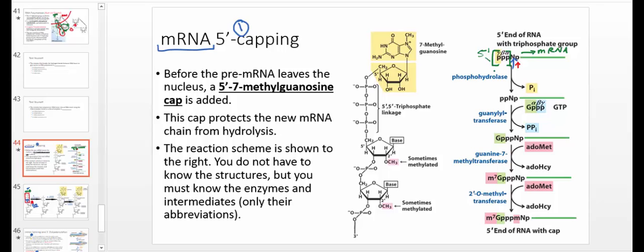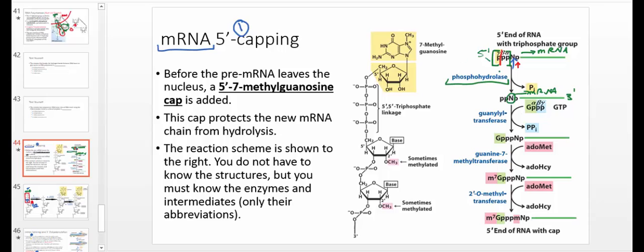Okay. What I'm going to do now is use an enzyme called phosphohydrolase. What this enzyme is going to do is split the bond between the beta and the gamma phosphate. So notice what the product of this reaction is. You still have this nucleotide right here, and of course you have the rest of the mRNA strand going towards the 3' direction.